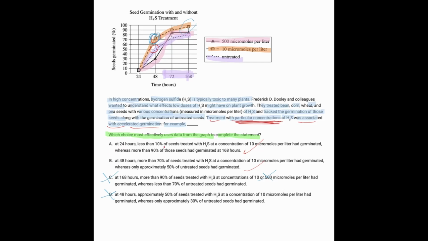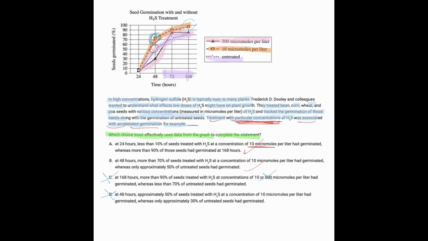At 24 hours, less than 10% of the seeds treated with the 10 had germinated, whereas 90% had germinated at 168. So this is just the 10. And looking back at choice A one last time, I'm realizing why that one's actually off, because it's only the concentration of 10 micromoles per liter that's being compared.